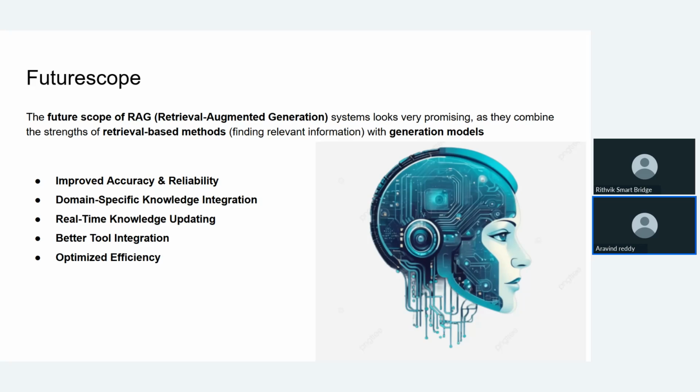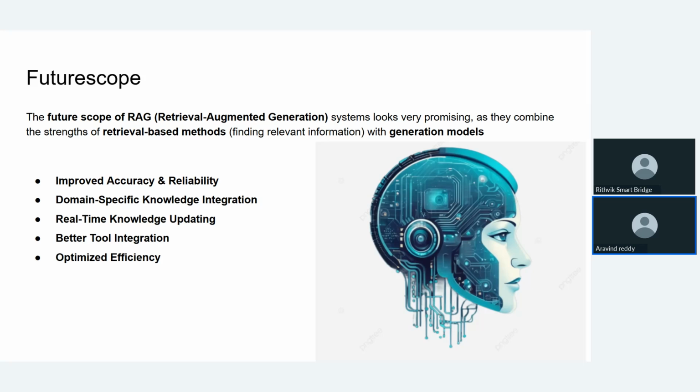After that, we get real-time knowledge updating. The model is generally trained on past data, and to get updated information we cannot update the model every time, because it takes huge cost. Training the model every time needs huge storage and heavy software.